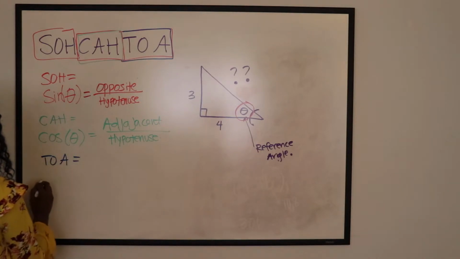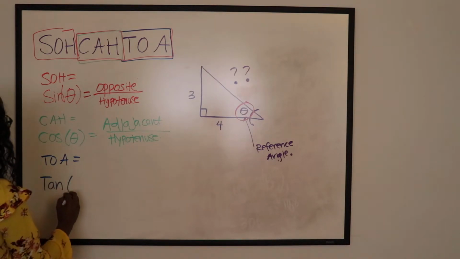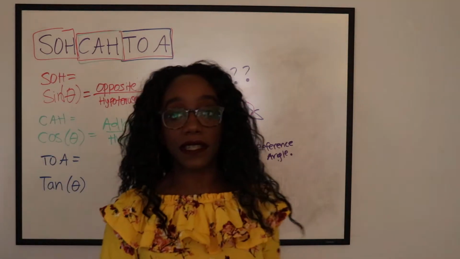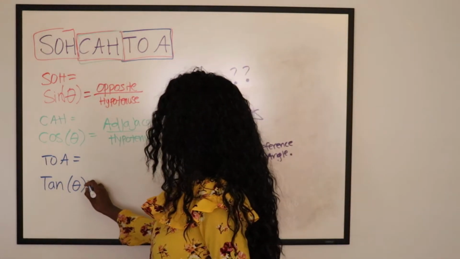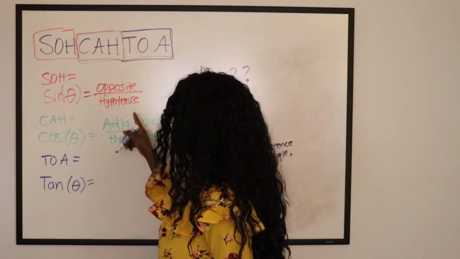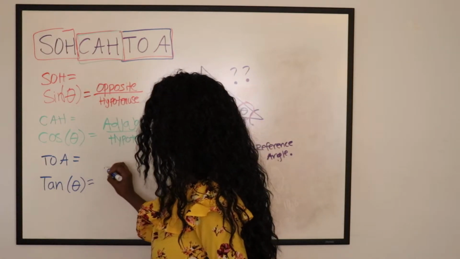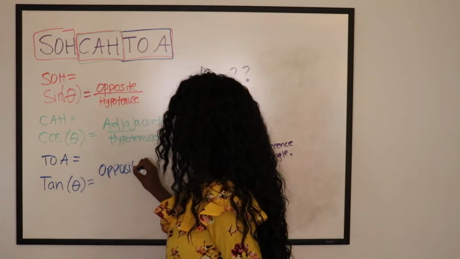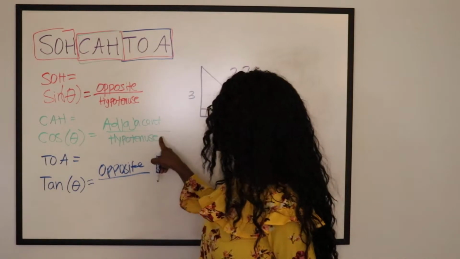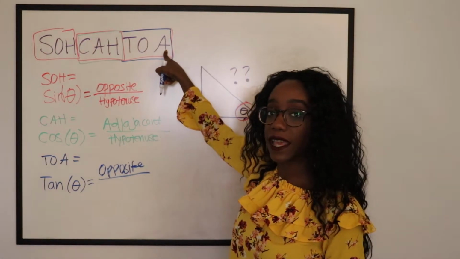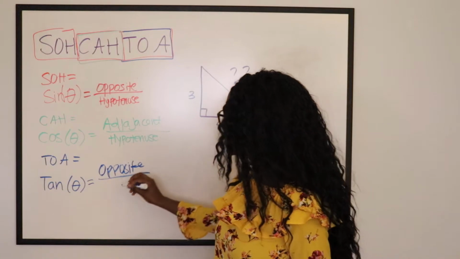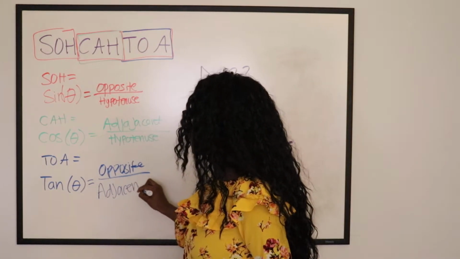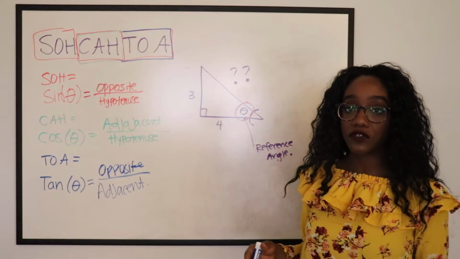So TOA is tan of the same reference angle, which is equal to, the O now stands for opposite, divided by, and in this case A. Let's recall what this A stands for. A stands for adjacent. So I'm going to tell you guys what these three mean, because that's the tricky part.